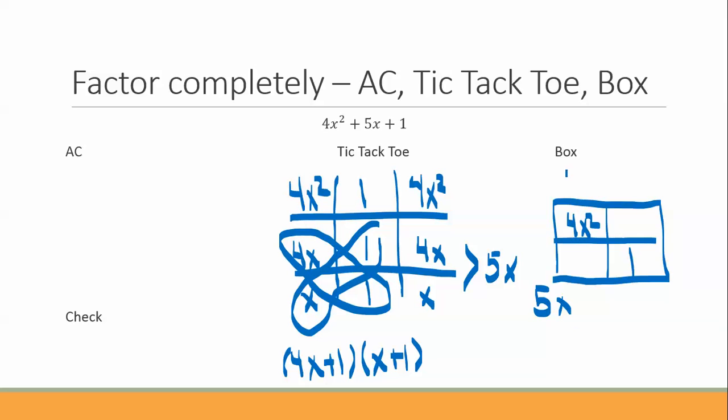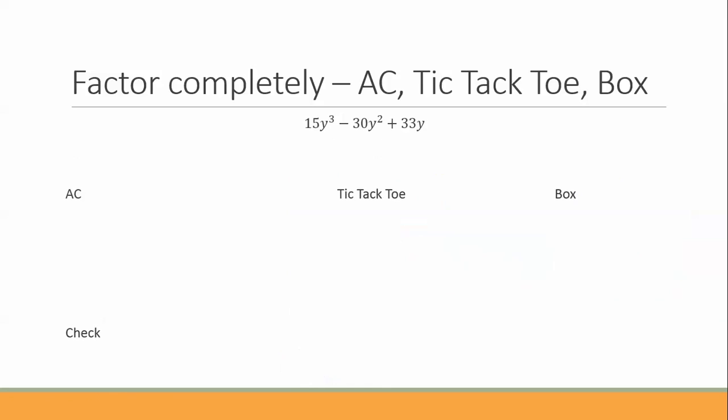So this is going to have to be 4x, and this is going to have to be x. So then when you start looking at this, this is going to be 4x, this will be x, this will be 1, and that'll be 1. And it'll all multiply out together correctly. And I already checked my answer.